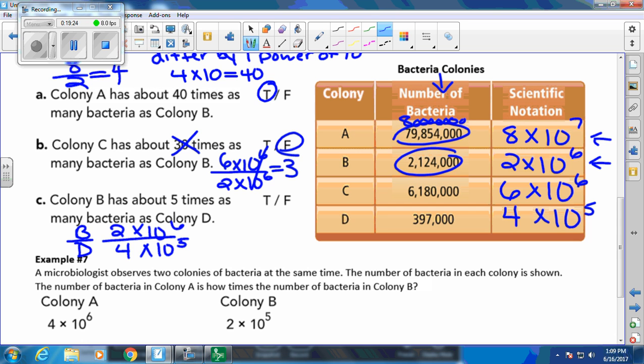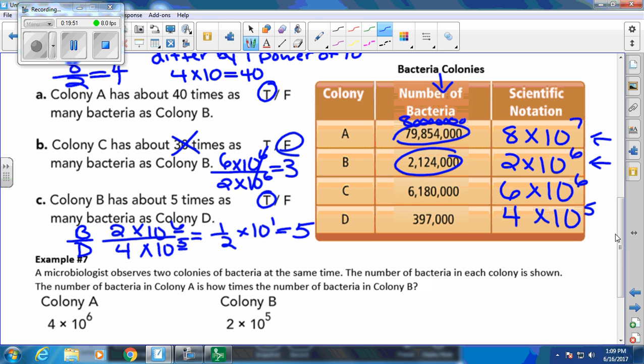But be careful, because when you look at your exponents, the 6 actually ends up making B bigger. So we have 2/4, which reduces down to 1/2, and 10 to the 6 divided by 10 to the 5th becomes 10 to the 1st. So we have 1/2 times 10 to the 1st, so we're looking at half of 10, which is equal to 5. So this is also going to be true.